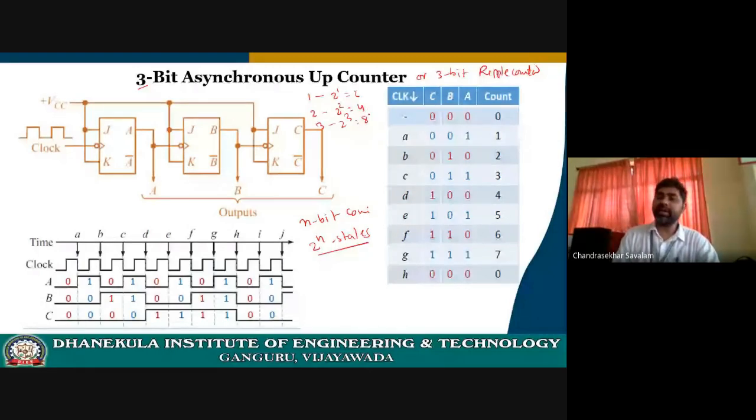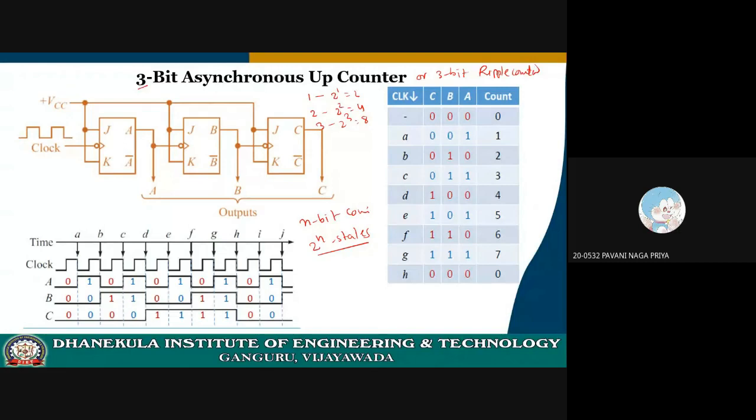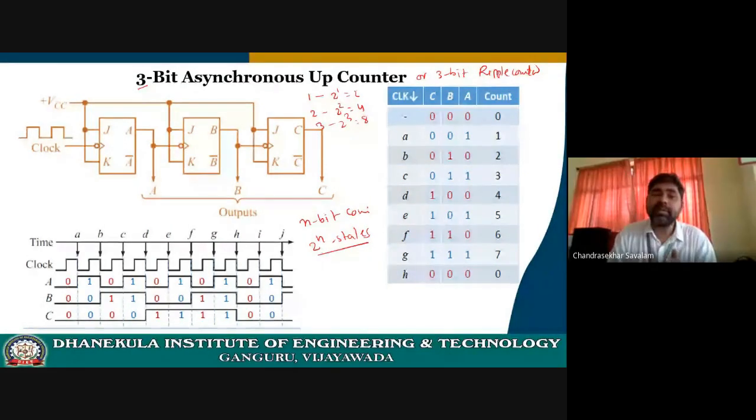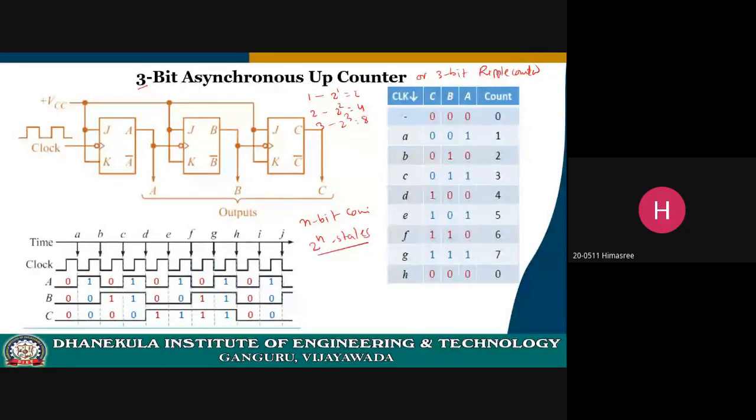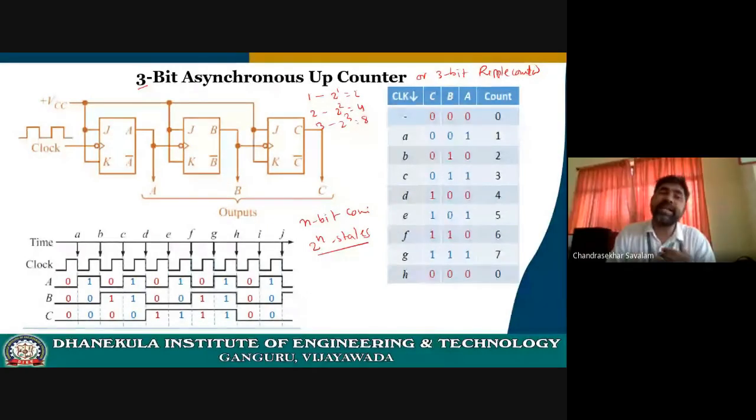Suppose you want to design a 4-bit counter, how many flip-flops are needed? Not the number of states, I am asking how many flip-flops are needed to design a 4-bit counter. 4. So in a 4-bit counter, how many states are there? A 4-bit counter has 2 power 4 states, 16 states.